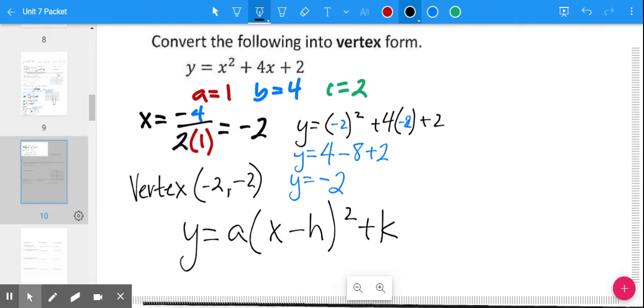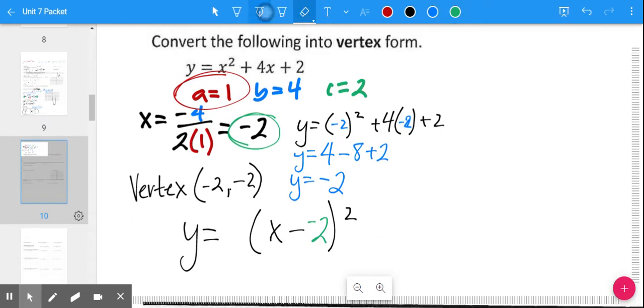So we know the a value is 1 based on this, so we can just erase it because a multiplier of 1 changes nothing. The h value is the same as the x coordinate in your vertex. So we erase the h and put your negative 2. Your k value is the same thing as the y coordinate in your vertex. So we erase the k and put a negative 2.